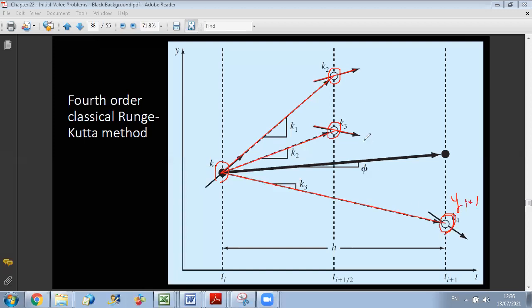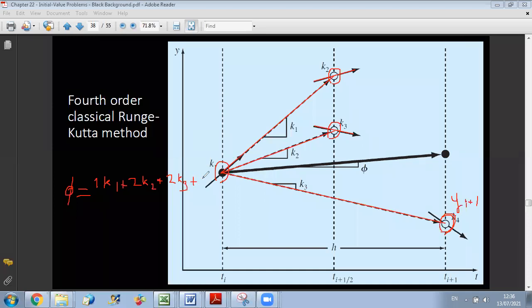Now, once I get these 4 slopes, I say that the mean estimate of my slope in this interval Ti to Ti plus 1 is equal to 1 times K1 plus 2 times K2 plus 2 times K3 plus 1 times K4. So it's a weighted average where I have different weights for points.